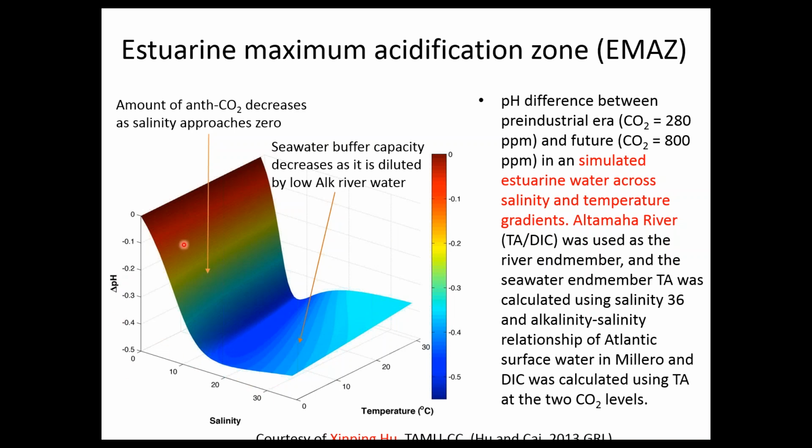That's because less and less anthropogenic CO2 from the ocean gets mixed into the estuary. So there is this zone of weakest buffer capacity. We can call it a maximum acidification zone. This idea was advanced by Dr. Xinping, currently an assistant professor at Texas A&M University Corpus Christi, and was presented in this paper.